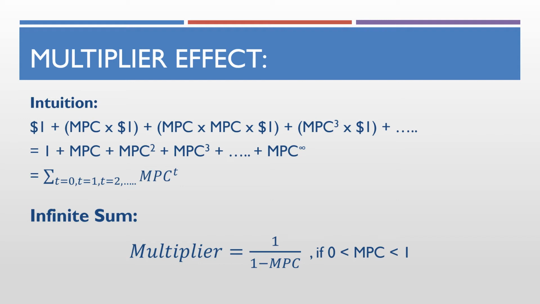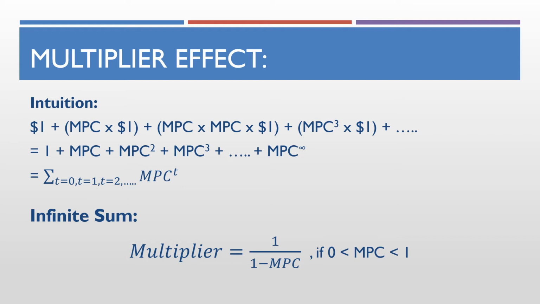Then you should ask yourself the question: is MPC always going to be between 0 and 1? Of course, the answer is yes. The intuition is that MPC represents how much of your income will be spent back in the economy. Obviously, you cannot spend a negative dollar, so you cannot earn $1 and cut back $2 of spending.